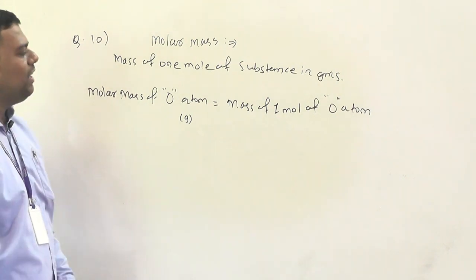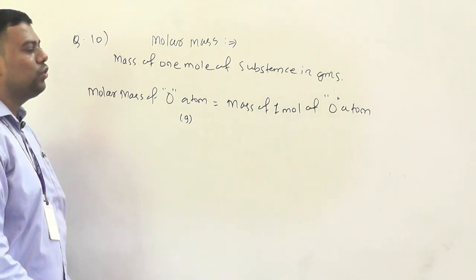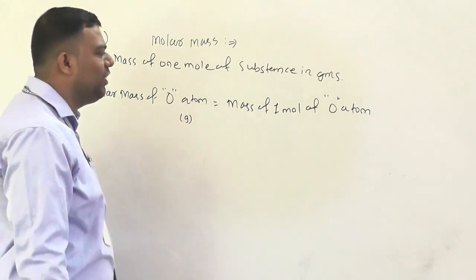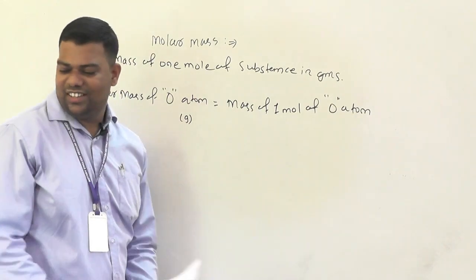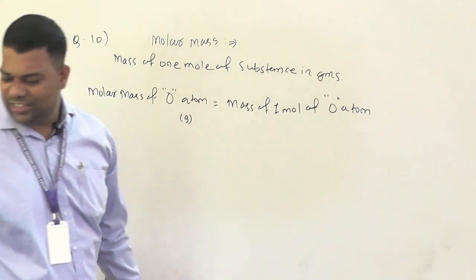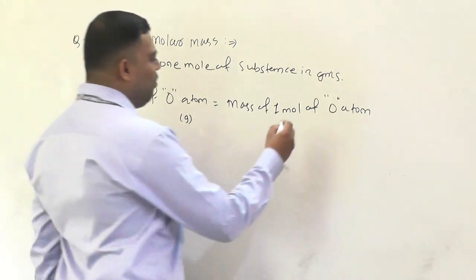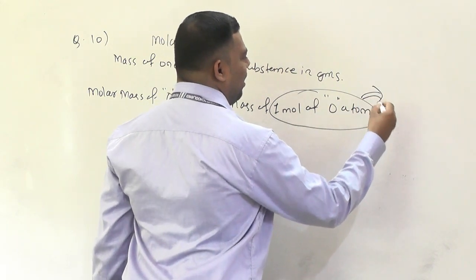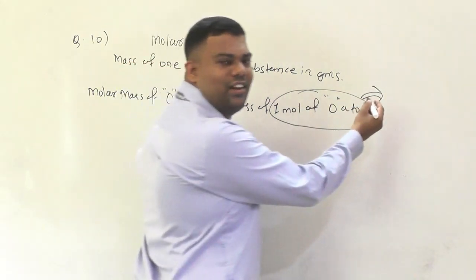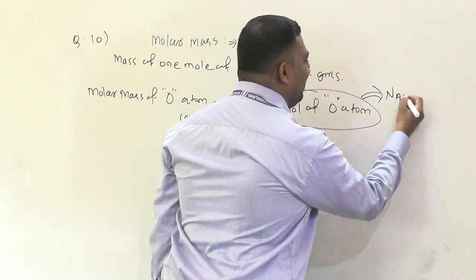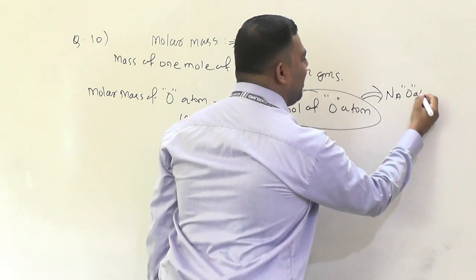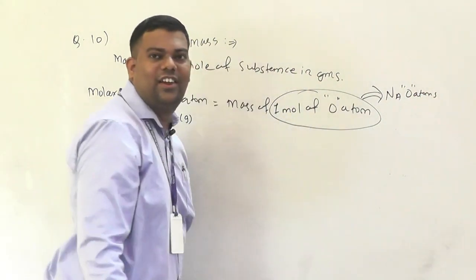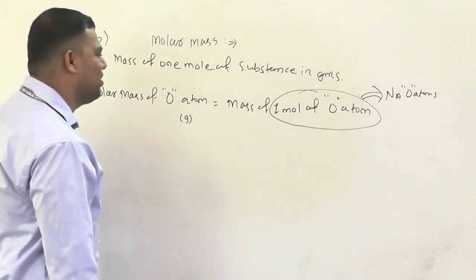What is the mass of 1 mole of oxygen atom? 1 mole means Avogadro number of oxygen atoms. We can write this 1 mole as Na oxygen atoms, Avogadro number of oxygen atoms.